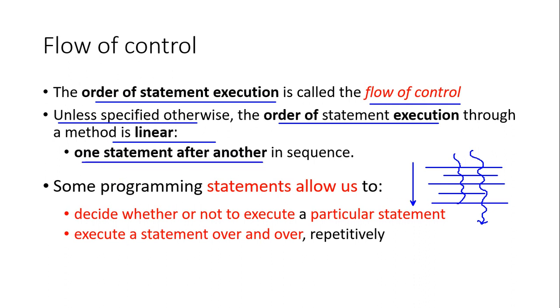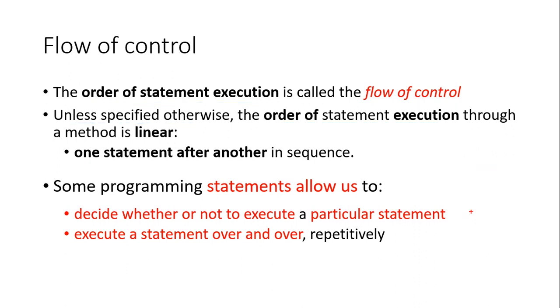But we are already familiar that sometimes we would like to select a few lines of code, or maybe one line of code, and we may not like to execute the remaining code. There are some statements in the programming language that help us decide whether to execute a particular statement or not, or whether to execute a particular set of statements over and over again.